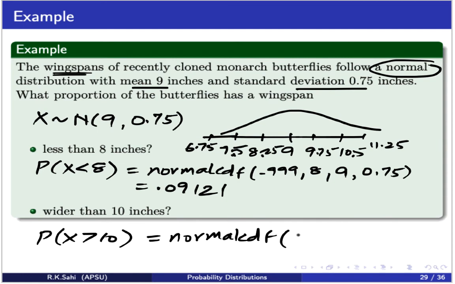So normal CDF, it's going to be 10, and then write 999. 9 is the mean, 0.75, and when you plug it in, I'm just going to write down the answers for you over here. It's going to be, again, 0.09121. Okay, let's continue further.